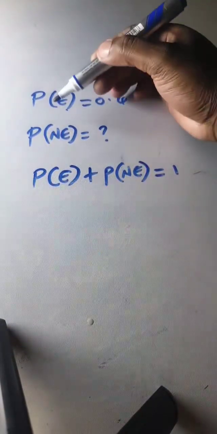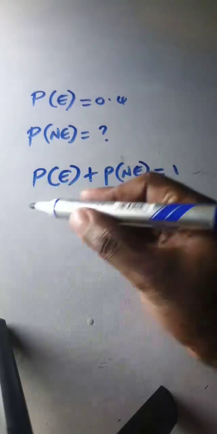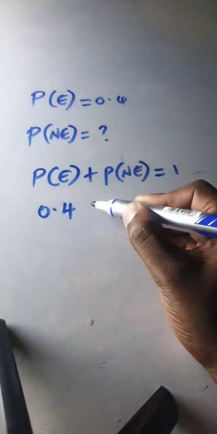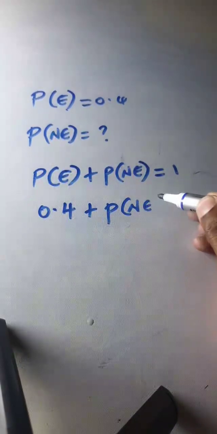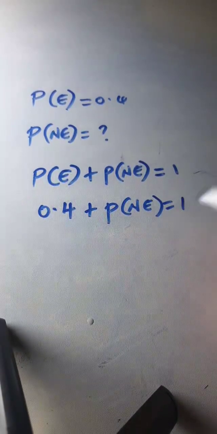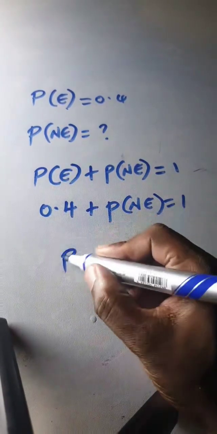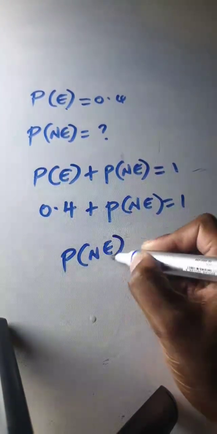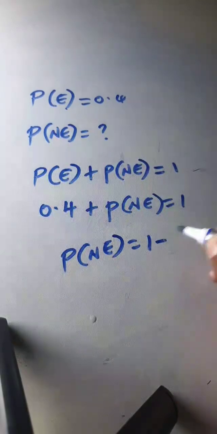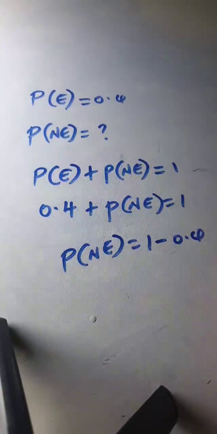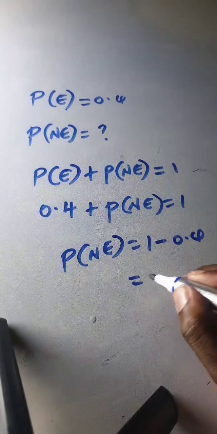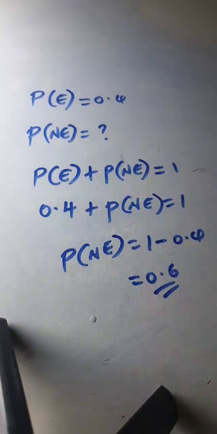Since the probability of having an engineer has been given, we can say 0.4 plus the probability of not having an engineer. So the probability of not having an engineer is equal to 1 minus 0.4, so our answer will be 0.6.